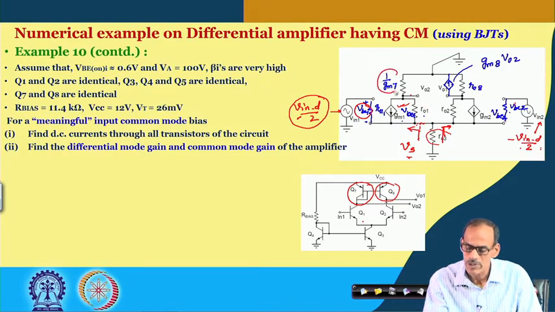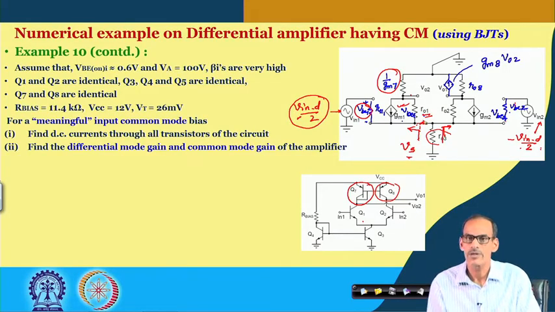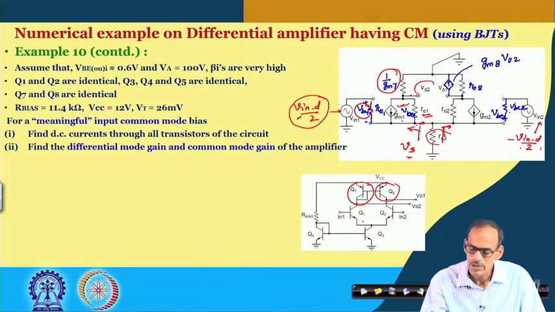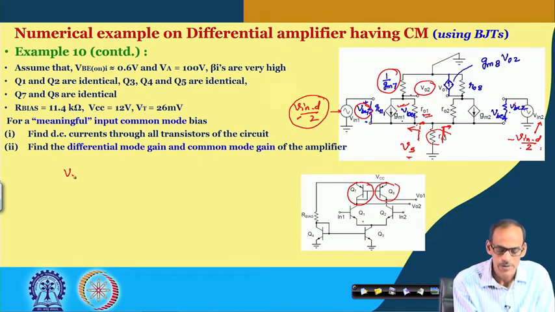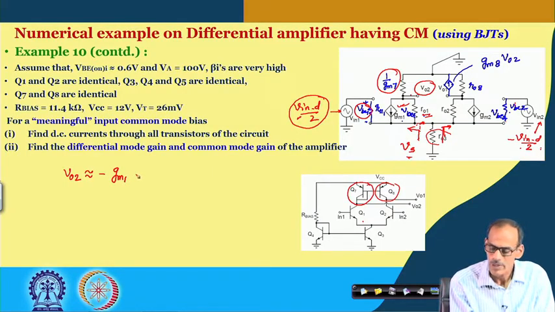Compared to this impedance, we may ignore this RO1, even though it is connected to this node which is having a signal, but as the signal here is very small, we may say that output voltage VO2 is well approximated by GM1 multiplied by 1 by GM7.